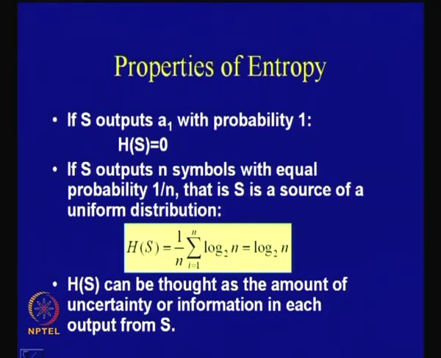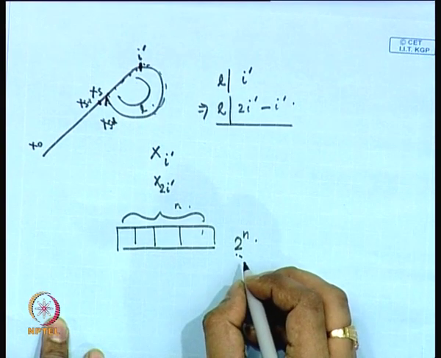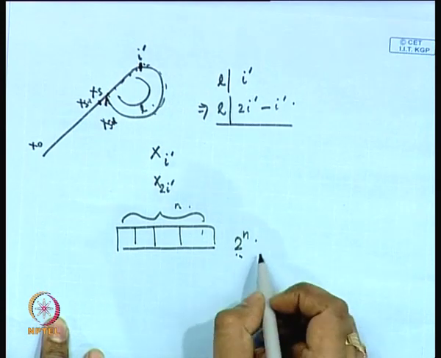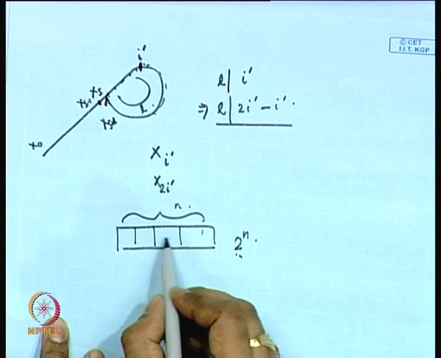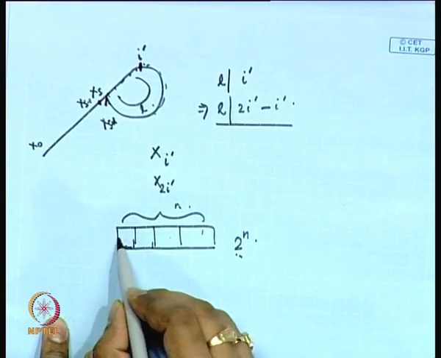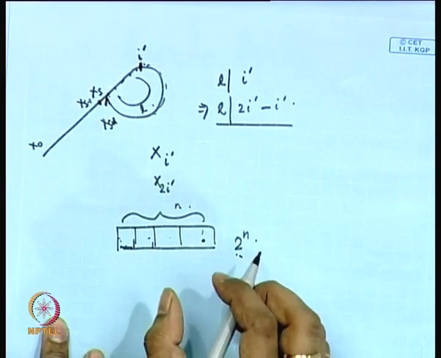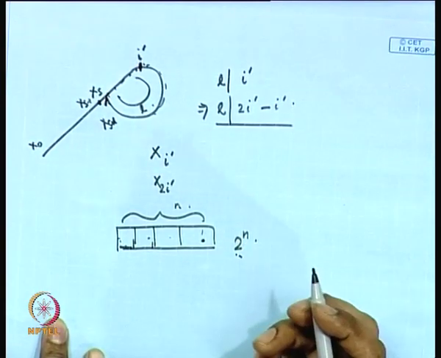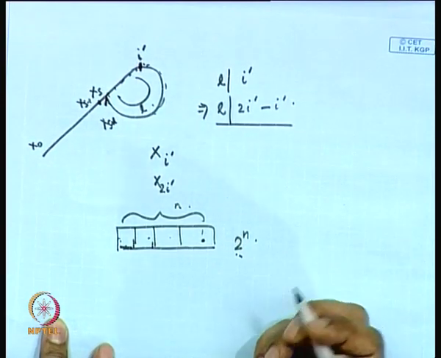In that case the number of bits needed to find out the value of x is n. So you need to ascertain these n bits in order to find out the value. That is essentially the amount of uncertainty or information you need to find out the value.